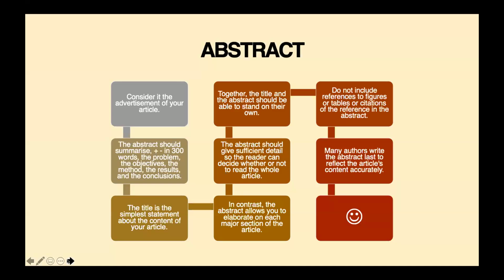Some people like to write the abstract first, then write the contents and go back to the abstract and review it to suit the contents. But some people write the content first and then the abstract. It depends on preference, but the good practice is that the abstract can be the last part of article writing, just like a thesis as well.